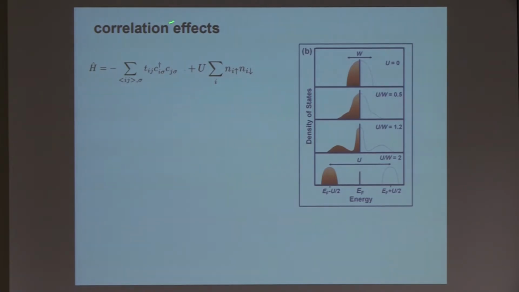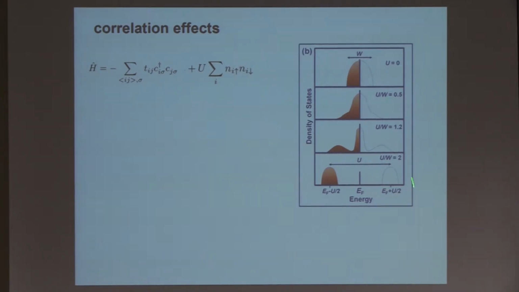By turning on correlation, what happens is that the effect of correlation is making a transfer of spectral weight from the coherent part to incoherent parts at higher energies, as we were seeing this morning. So we are renormalizing this quasi-particle peak and shifting weight into incoherent features at higher energies.